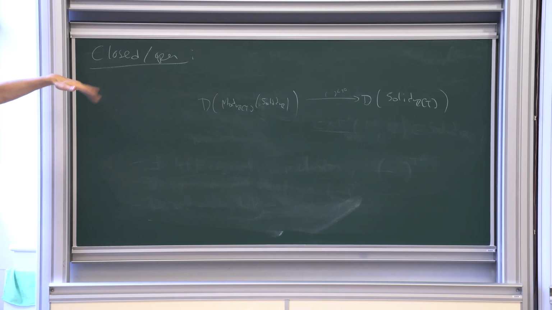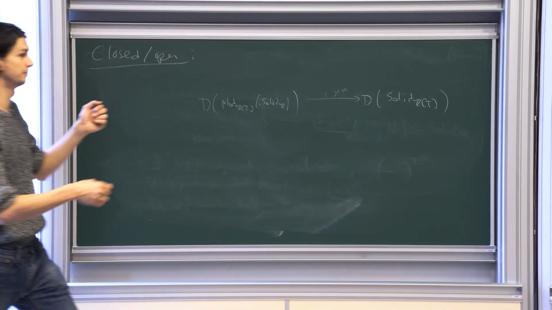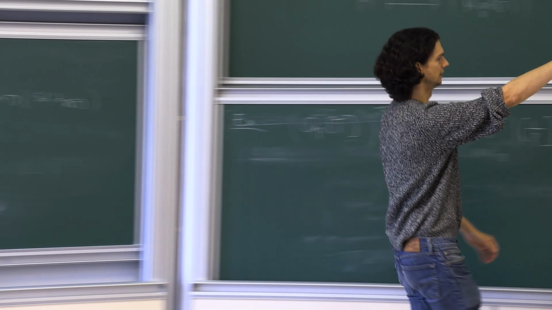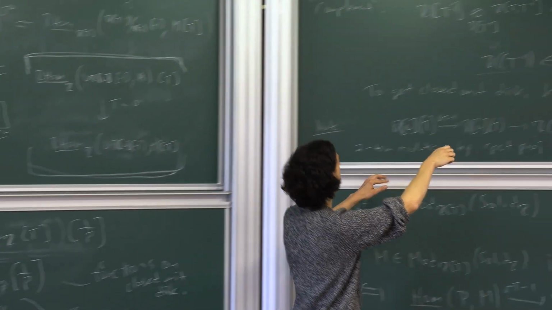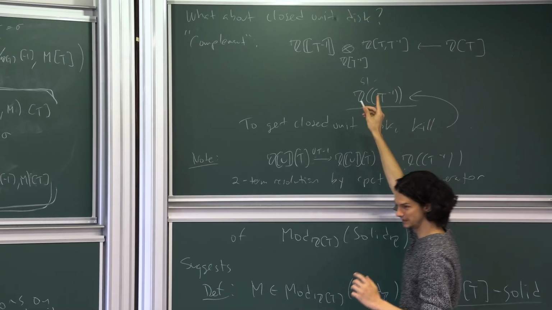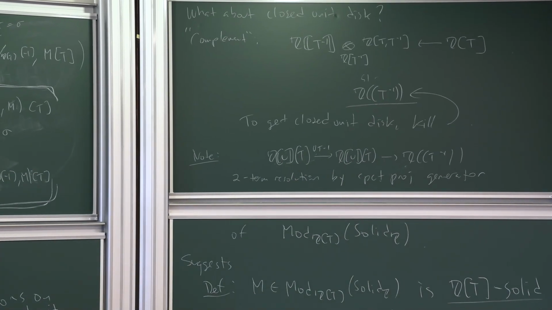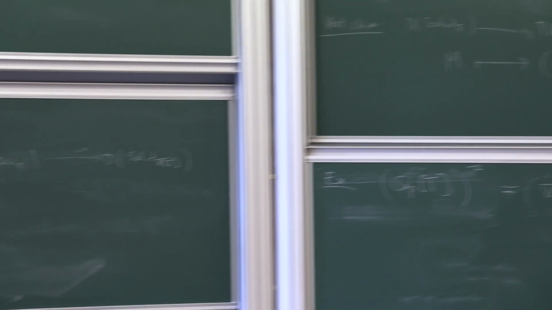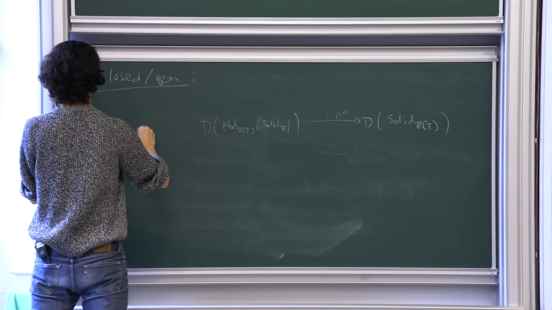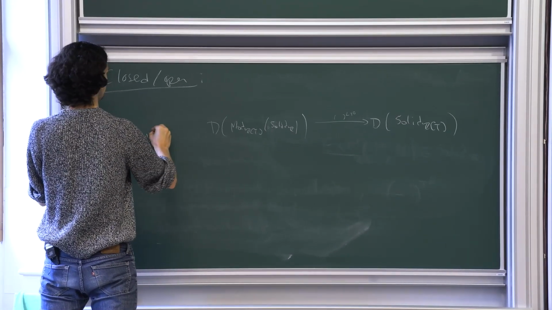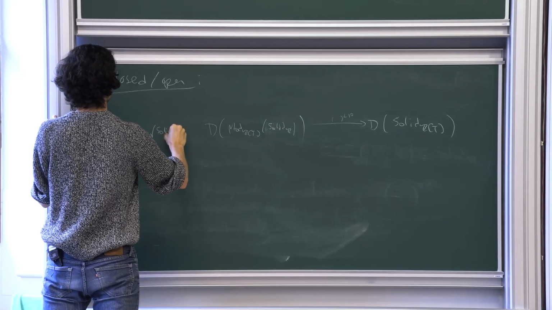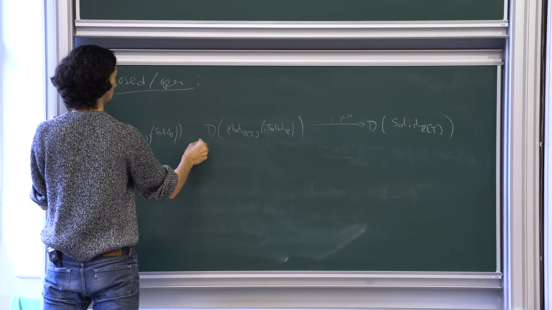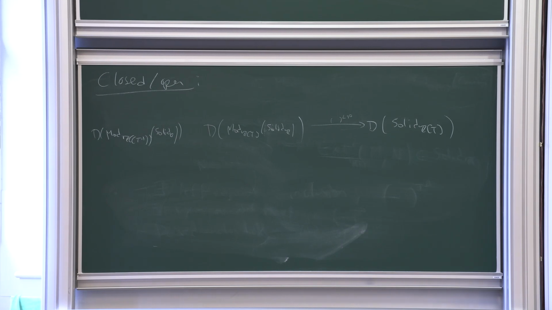But then on the other hand, we had the complement, and the complement was the open unit disk, or rather the open unit disk moved to infinity, so that's this thing, and that corresponds to D of solid Z((t^{-1}))-modules. Someone asked whether the solidification has one adjoint, and should there be another adjoint on the other side?